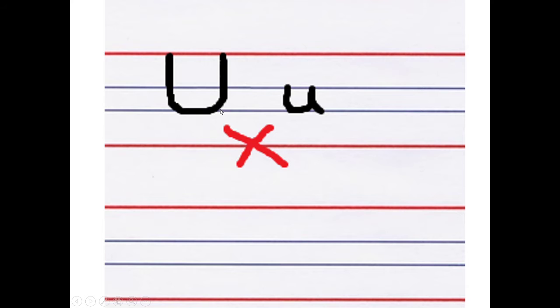Okay, how do we write the letter U? The letter U capital comes between the first line and the third line. U small comes between the second line and the third line, and they never reach the fourth line, okay? We start from up, we go down, then to the side, then we go back up.